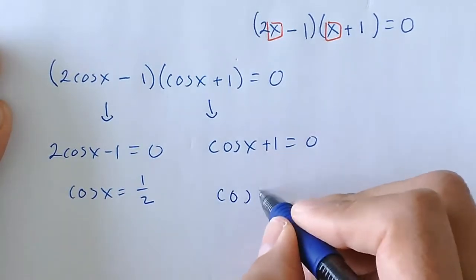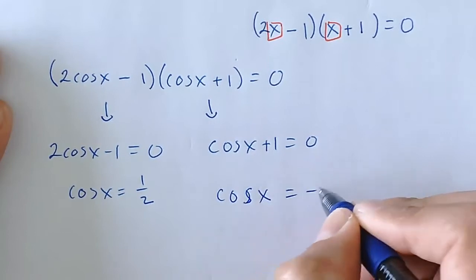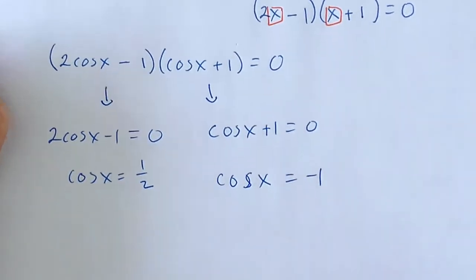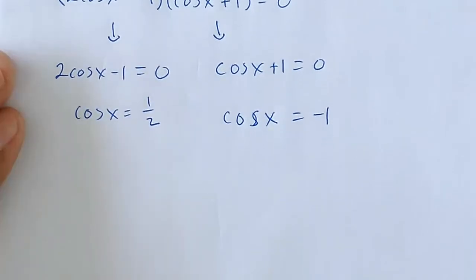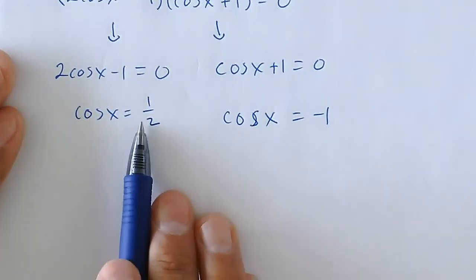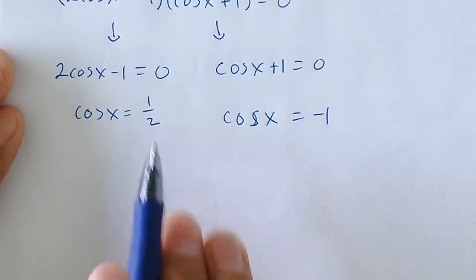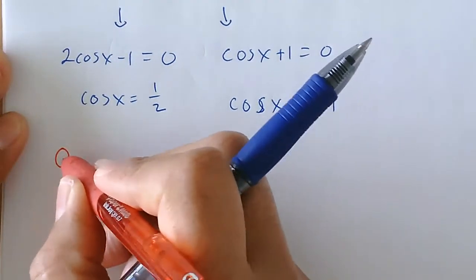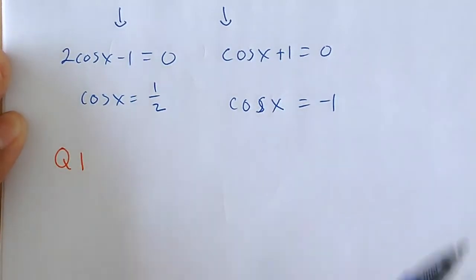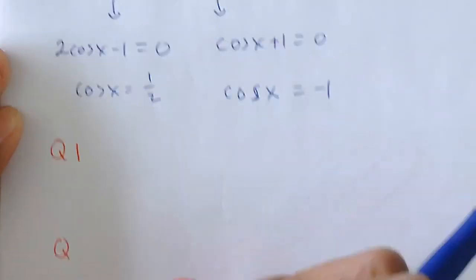So first one, I have a cosine of x equal to 1/2, a positive 1/2. And the cosine is positive in 2 different quadrants. I could be in quadrant 1. I could also be in quadrant 4. So find the angle that gives you 1/2 in each quadrant.